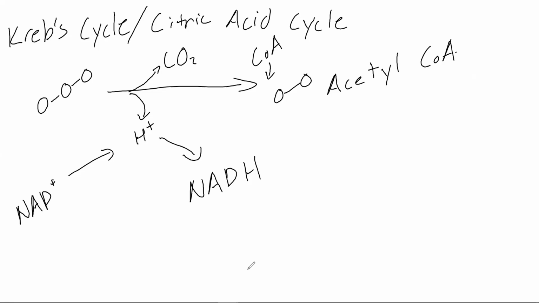All right. So when your acetyl-CoA goes through the Krebs cycle, here, let me draw my boy acetyl-CoA. And it goes through the cycle. Notice it's a loop. Acetyl-CoA will go through this loop until it runs out of electrons to give, right?